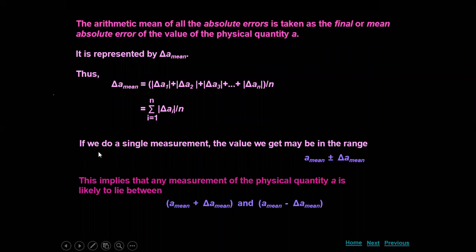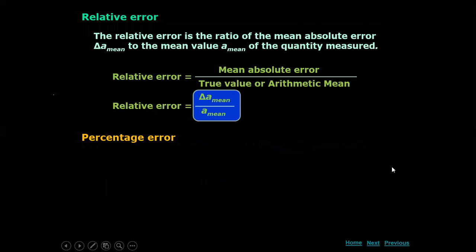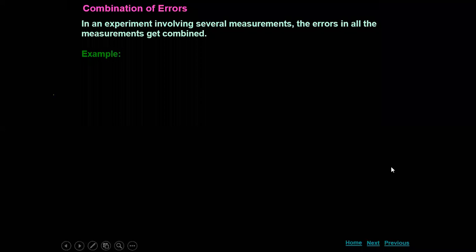If we do a single measurement, the value we get may be in the range of a mean plus or minus delta a mean. That means it will be lying in this range, between the positive and negative range, right? So this value has to be taken when we are taking any measurement result. That is what I am going to show here.